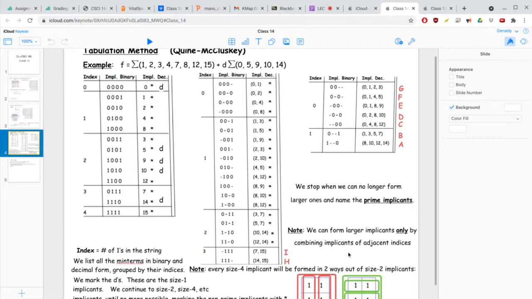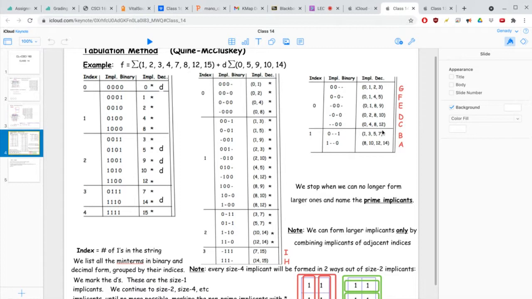Let's say that if you want to do the last step of identifying the essential one, literally look at them one by one. Let's start from here. This one has 7 and 15. Do we see 7 and 15 somewhere else?